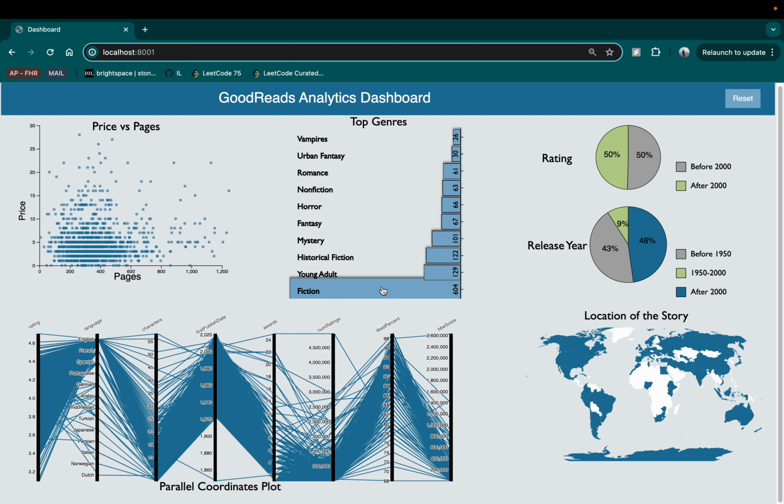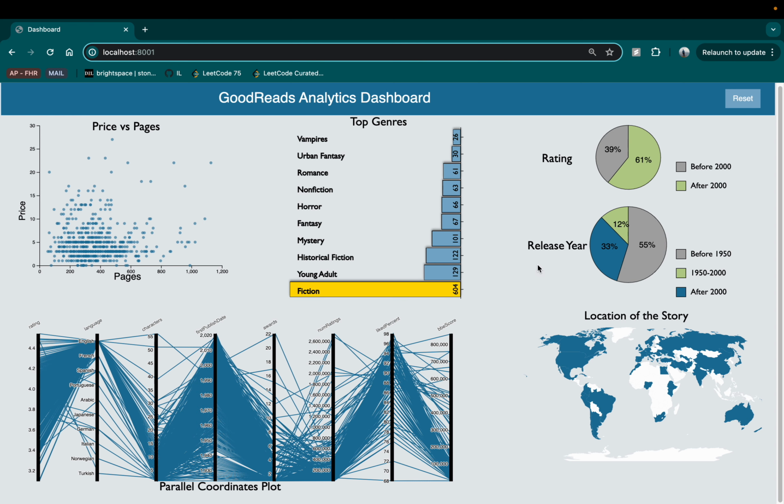Similarly, in the top genres bar plot, whenever we click on any particular genre, we can observe concurrent changes in the graphs. After we select fiction, the rating and the release year change concurrently, along with the places where the story is most likely situated and the PCP plot.